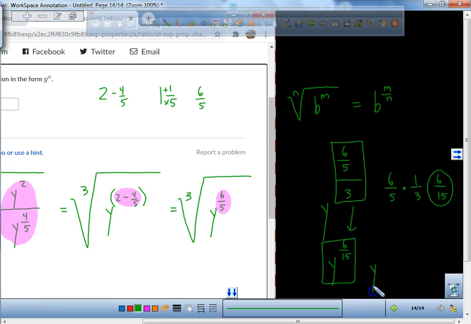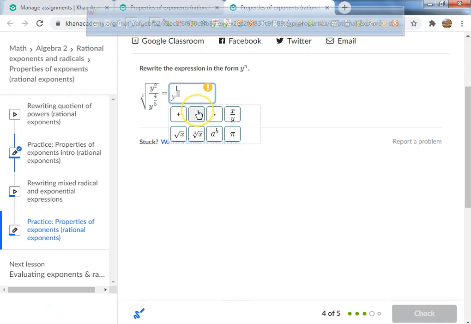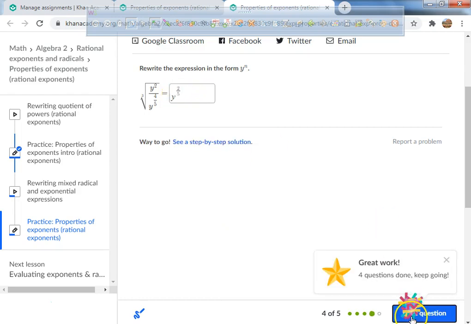That would have been wrong. So divided by 3, that's a 2. Divided by 3, that's a 5, because 3 goes into 6 a total of 2 times. So that's going to be y to the power of 2/5. Almost caught myself there. I was like, wait a second, 6 over 15 can be reduced.